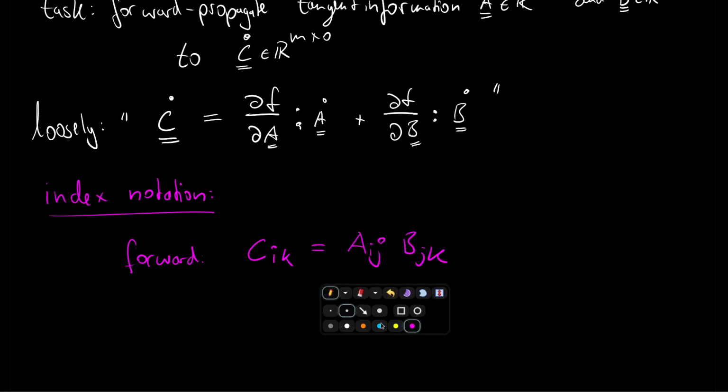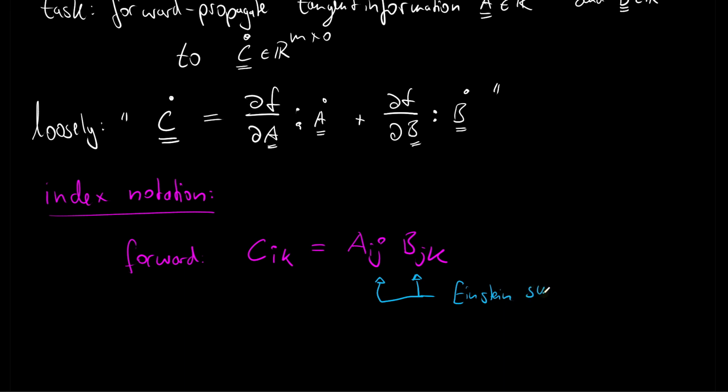And here we are assuming the Einstein summation convention by the contraction of indices that appear twice in a multiplication. If you don't want to use that, you could also just use a summation here and sum over all the entries in j. And essentially, this is what a matrix product is doing.